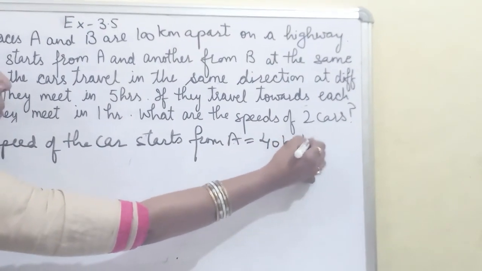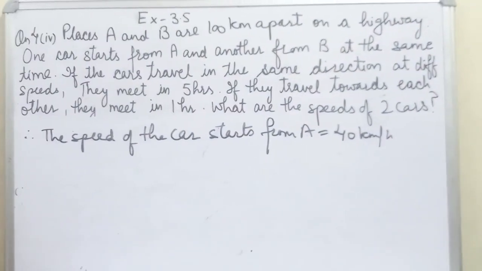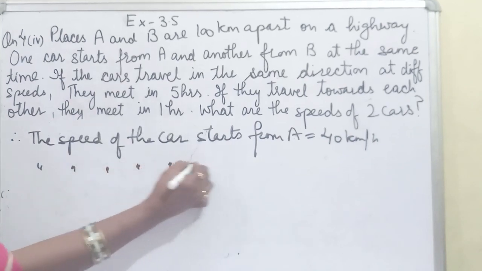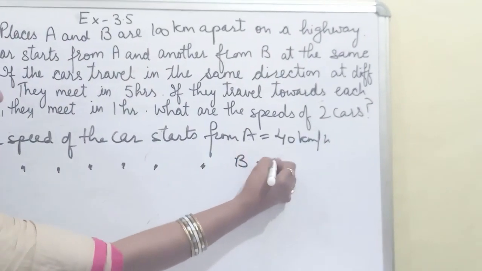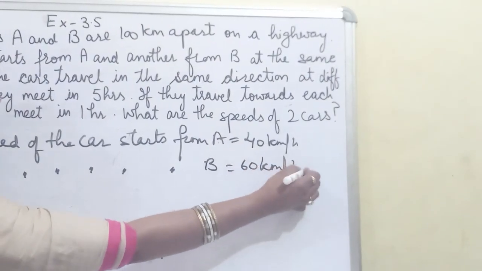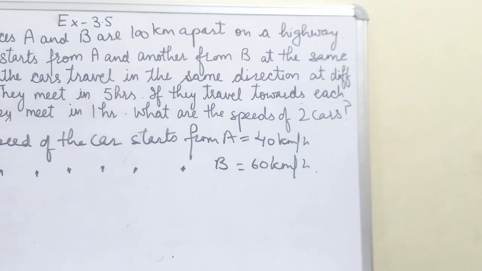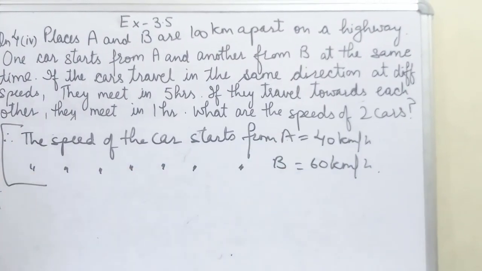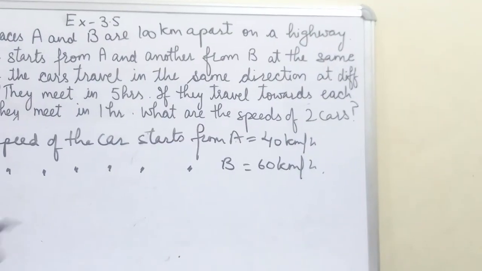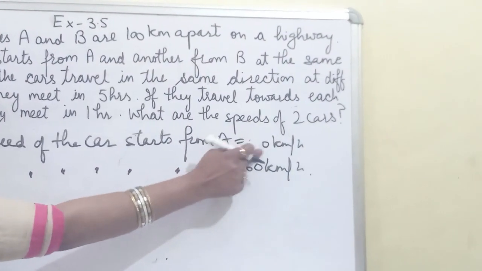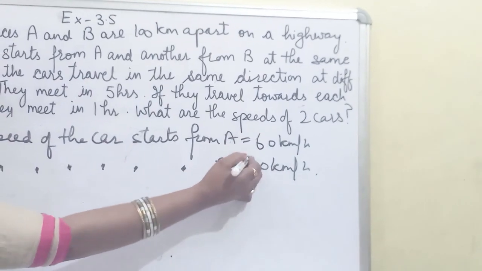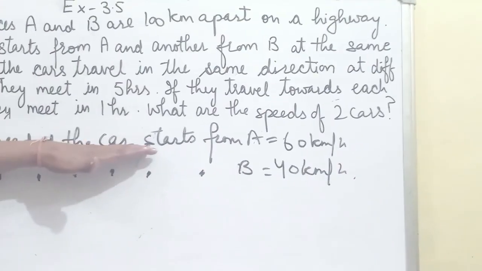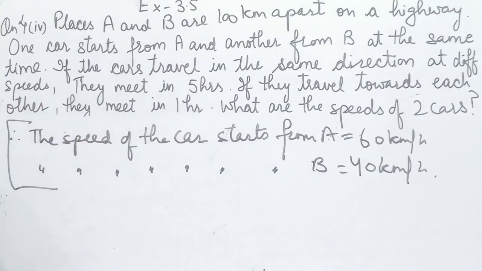The value of x is 60 and the speed of the car that starts from B is 40. I need to check it. The answer for A was 60 and for B it was 40. These are the correct answers: 60 and 40 kilometers per hour.